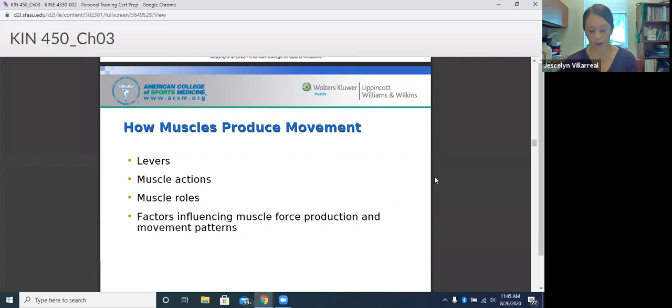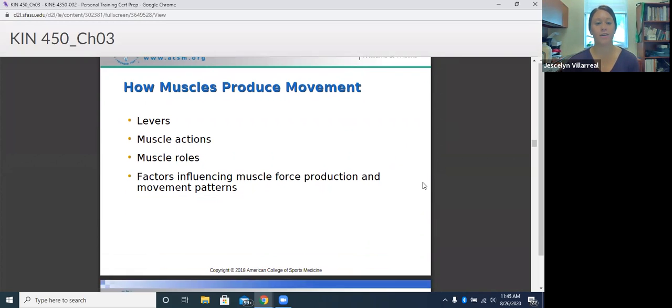All right, so how do muscles produce movement? You have levers, muscle actions and roles, factors influencing muscle force production, and movement patterns. Skeletal muscles produce force that is transferred to tendons, which in turn pull on the bones and other structures such as the skin.